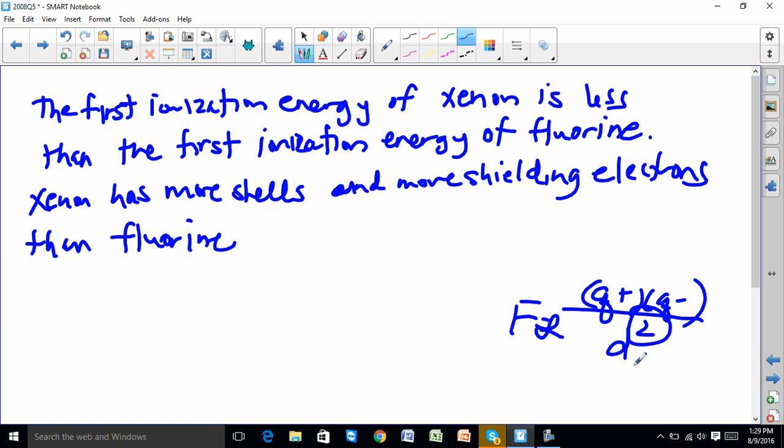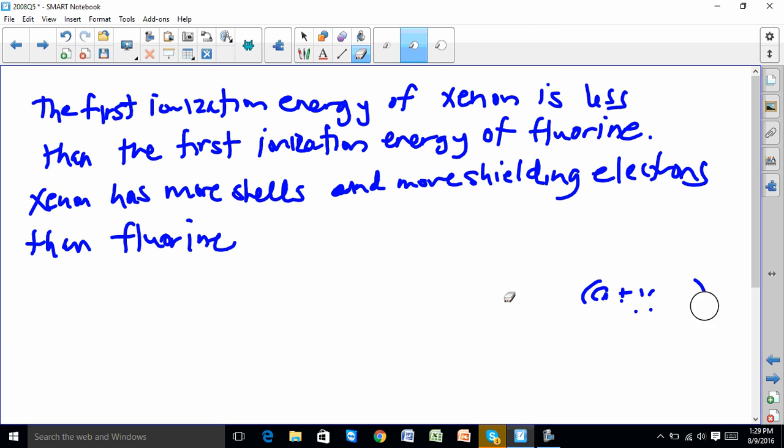And so what happens is, when you divide by a bigger number, because xenon is bigger, it makes the force of attraction smaller. And so the first part is this: always go to Coulombic attraction.